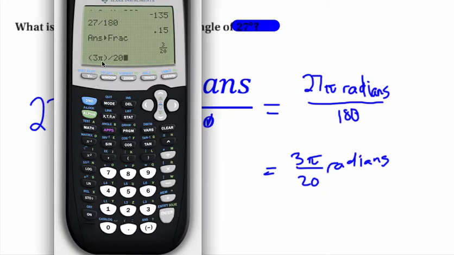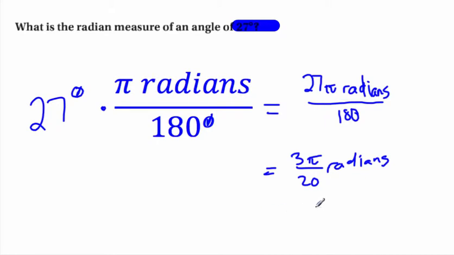Please, please, please do not use 3.14 here. Your calculator has a pi button, so just use it. It is less buttons to use the pi button. So I get 0.4712388898. The thousandths place would be 3 decimal places, so 0.471. So I'll put, or, 0.471 radians.